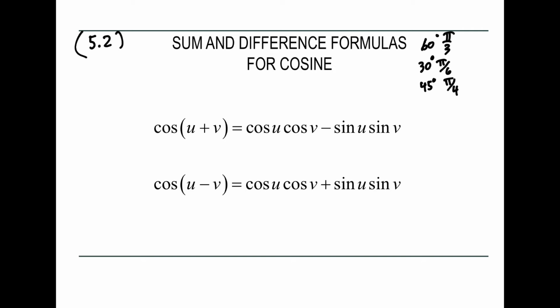So there are times where I can take the cosine of some angle and break that angle into a sum of two special angles, right? If we have the sine of an angle that's not a special angle, maybe we can express it as a sum or a difference of some of our special angles. 60 plus 30 is 90. 45 plus 30 is 75. 60 plus 45 is 105.